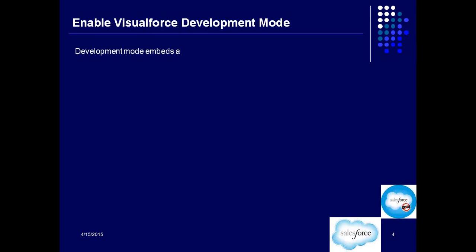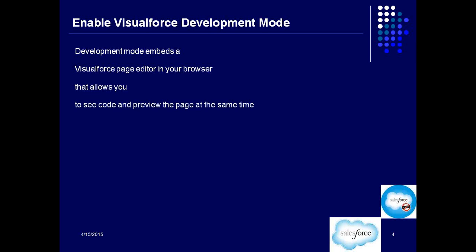This development mode embeds a Visualforce page editor in your browser, which allows you to see the code and preview the page at the same time, so that you can keep making changes and parallelly keep viewing how the page is looking.